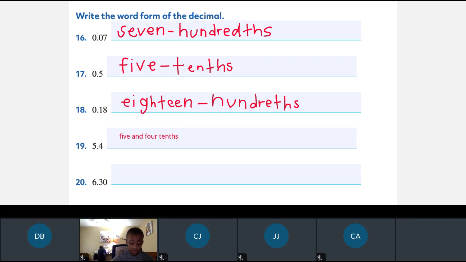Let me put it in there. There we go. 5 and 4/10ths. We got one more and you guys will be finished. Then we can upload them together on our Padlet. 5 and 4-10ths.